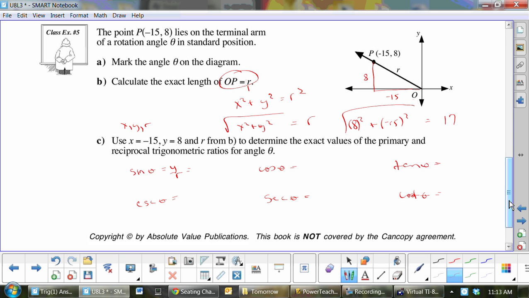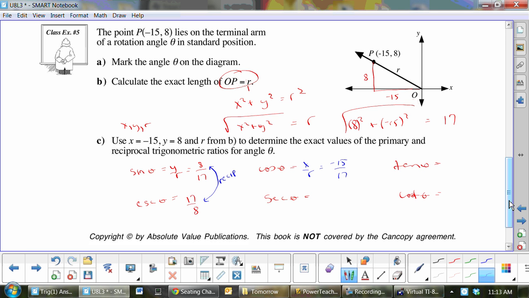So what is y? Look up on your graph. 8. r is 17. So what would cosecant equal? Very good. 17 over 8. So their buddies are just reciprocals. Okay? Notice that they are just reciprocals of each other. Cos was x over r, right? x was negative 15 over 17.